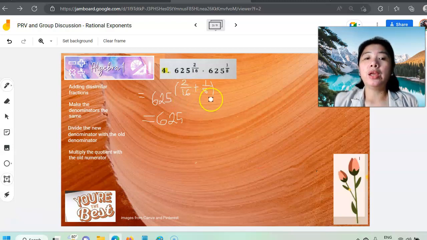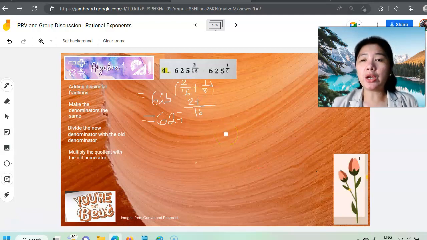So, in other words, since 16 is a multiple of 8, the bigger number 16 will be the GCF. Most likely, if the smaller number is a factor of the bigger number, then our new denominator will be the bigger number. We're not changing the denominator of the first fraction, so we just copy the existing numerator of the first fraction, and then copy the plus sign.